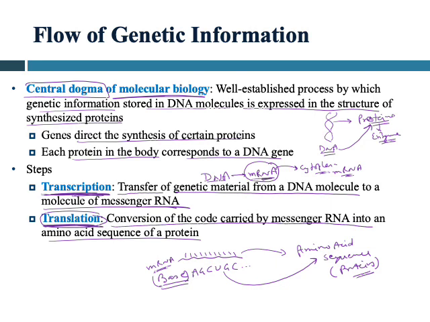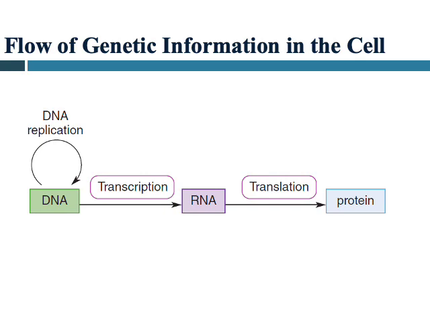Right? So make sure you know the difference. Transcription is formation of mRNA from DNA. Translation is formation of protein from mRNA. So central dogma means this is DNA. If you do a replication, if you make many copies of the same DNA, we call it DNA replication.